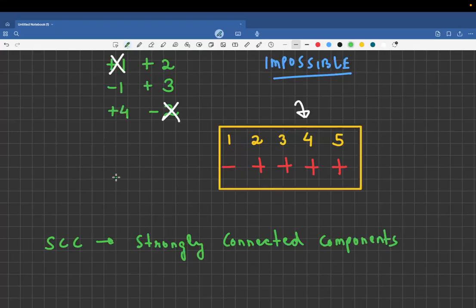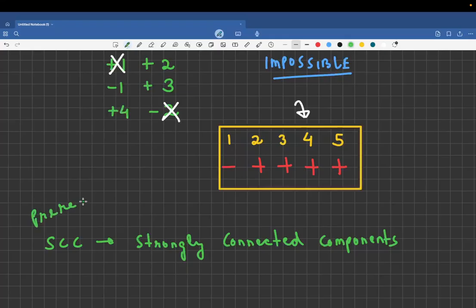If you are solving the problems in order from the list, and if you didn't know this, you can watch one of my videos, where I have explained this SCC in detail. It might be a slightly bigger video, but I have explained in detail what this SCC means and how we can actually find SCCs in graphs.